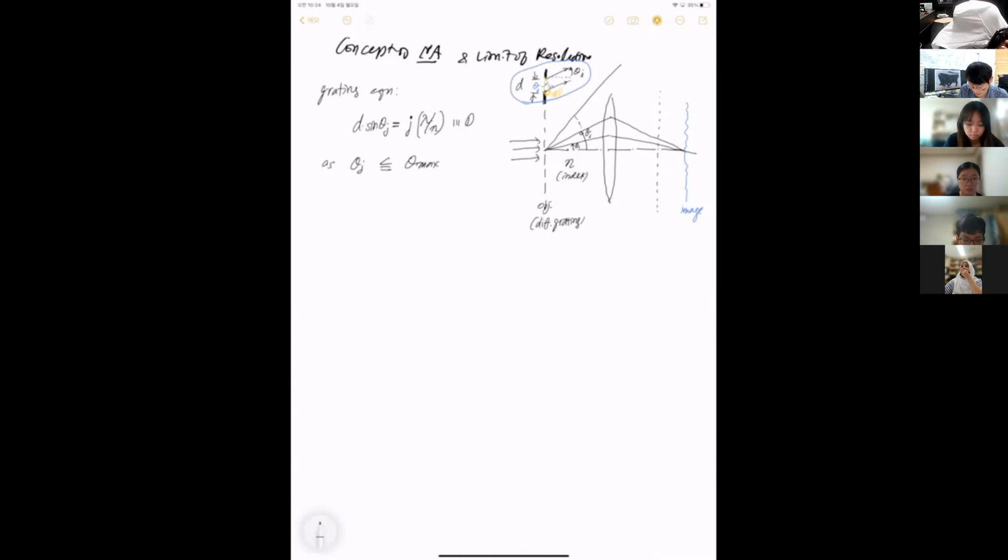What does that mean? From the one, you can find out J has to be smaller than D times sine theta max over lambda over n. Does it make sense to everyone?